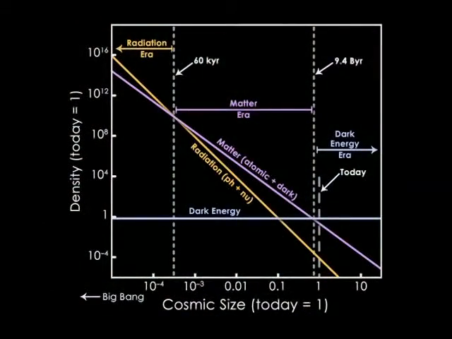That's why this is called the radiation era. But remember from last lecture, as the universe expands, the density of radiation drops more rapidly than the density of matter. And so there comes a time around 60,000 years after the Big Bang when these two densities are equal. And from then on, matter's density is dominant, and we enter the matter era.